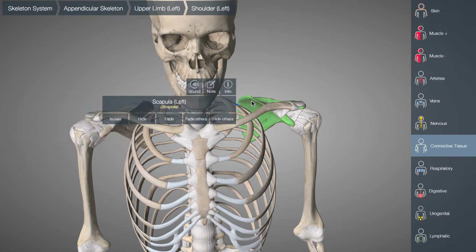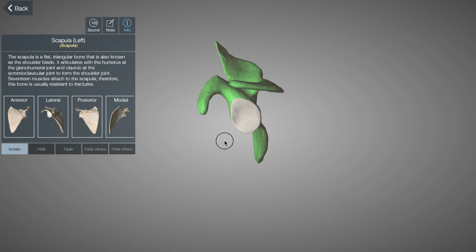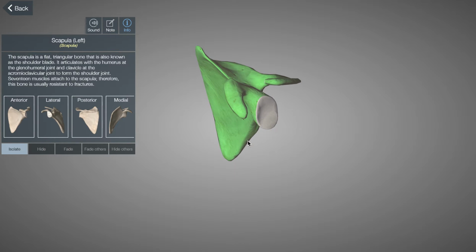I'm going to isolate the left scapula right over here. And it's a really interesting bone. It's got quite a few processes, and there's a very good reason why they're there.